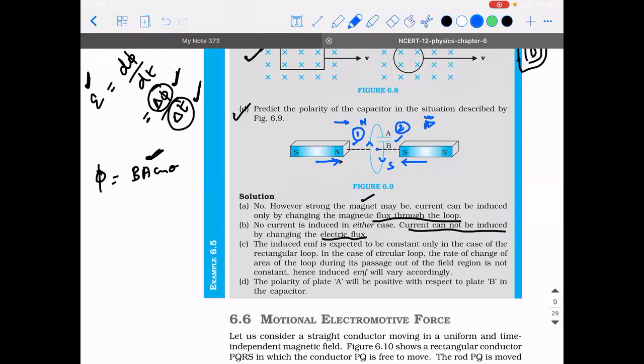Sir, A will be negative and B will be positive, because the current is attracting electrons. But the answer they've given is A, and B is the wrong answer, producing the electrons. Yes. Can someone please check in your textbook if there is a correction done in the latest version?